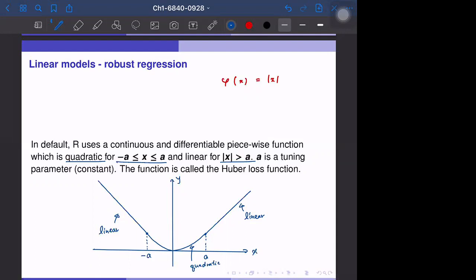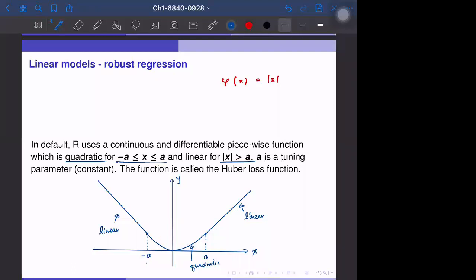So the idea is that for large absolute x, we don't want to penalize the residual too much, so we only use the linear function, not the quadratic function. But between negative a and positive a, we want to have some smooth function for which we can find the minimizer pretty easily.